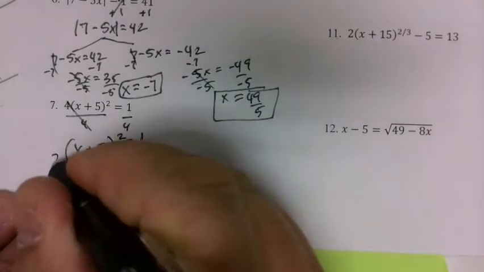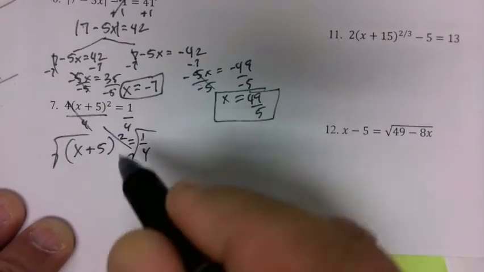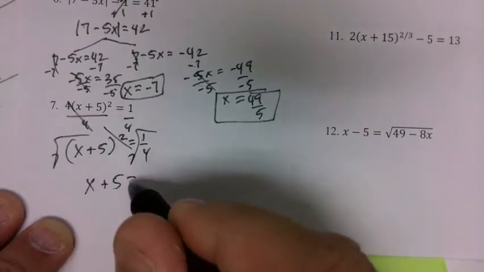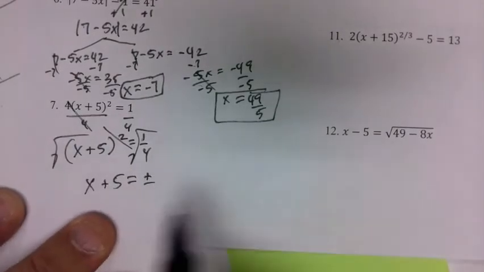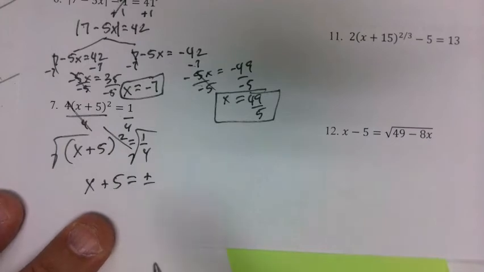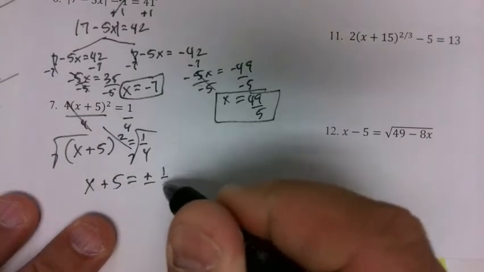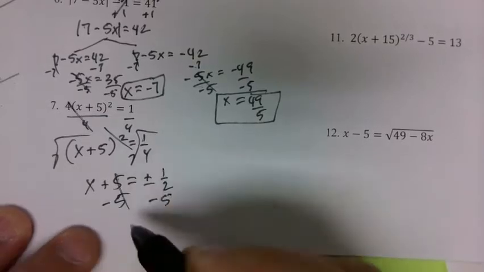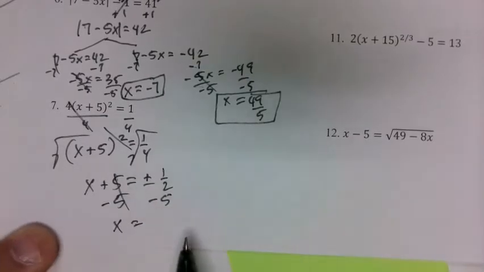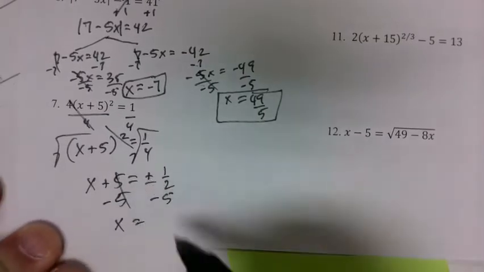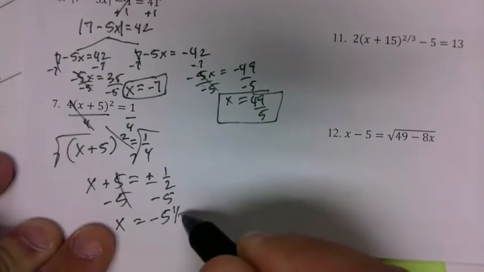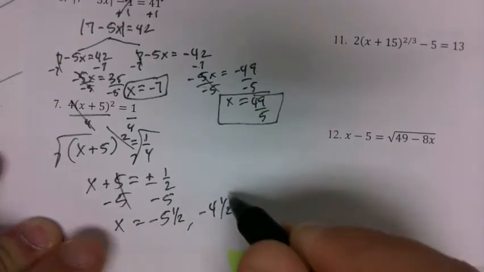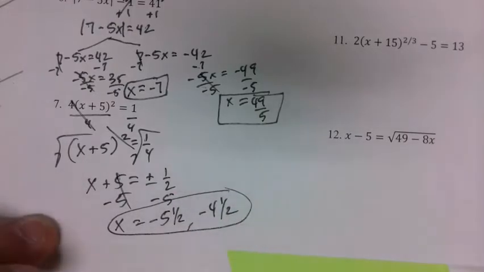One of the big things you need to remember is when you take the square root, like I just did there to cancel out that squared, I get x plus 5 equals a positive or negative square root of 1/4. And if I put square root of 1/4 in my calculator, I get 1/2. Then I subtract 5 from each side, and I get x equals negative 1/2 minus 5 is negative 5.5. Positive 1/2 minus 5 is negative 4.5. And there's my two answers.